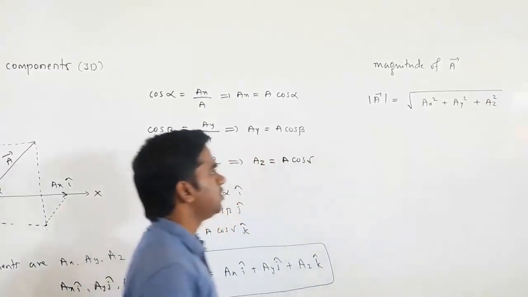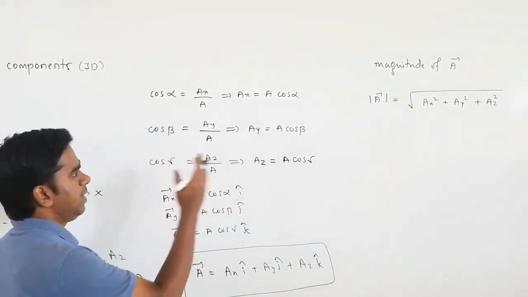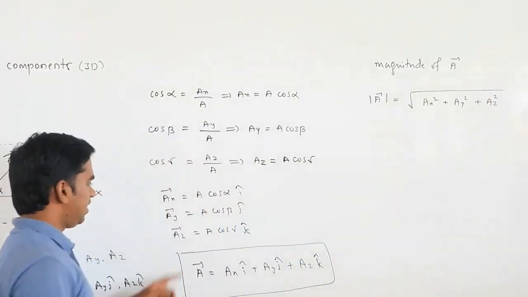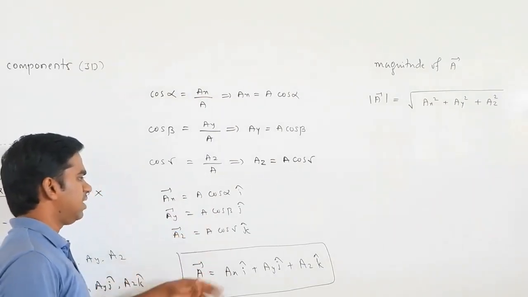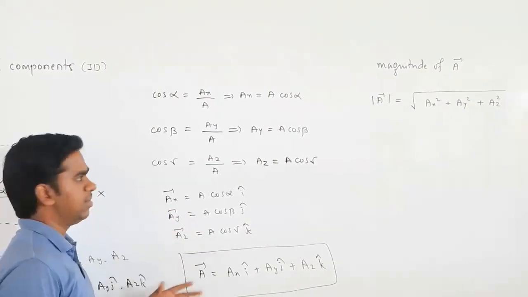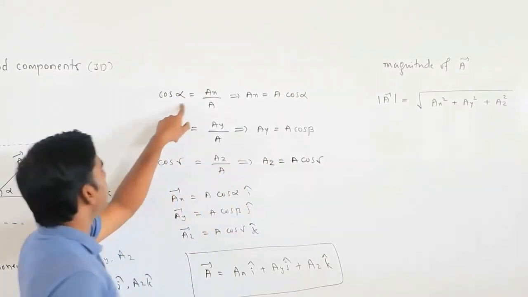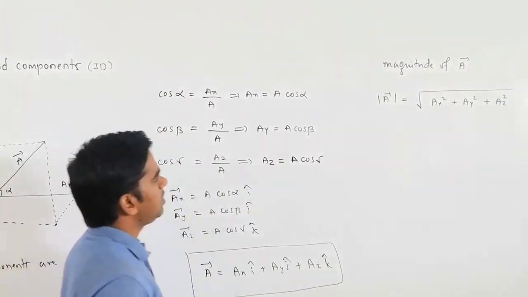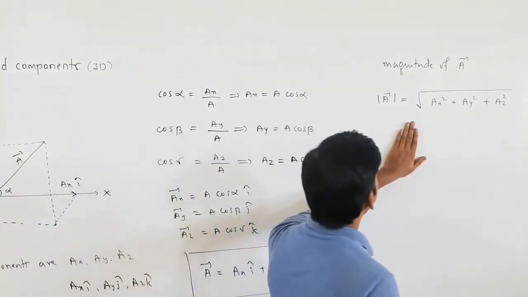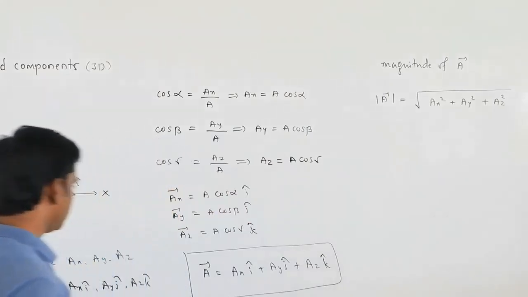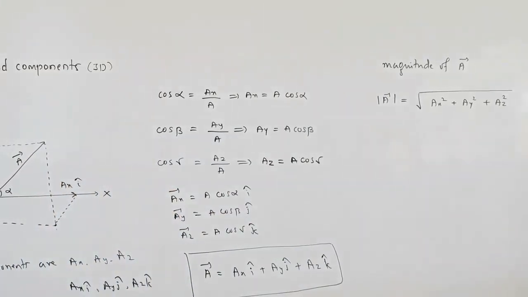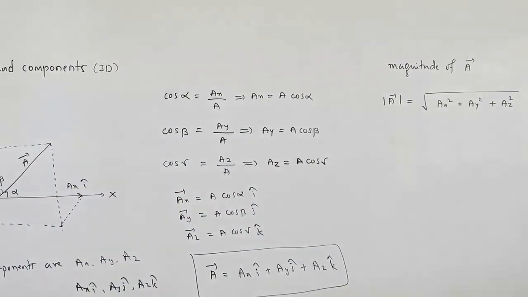So this is going to be the magnitude of vector A. Direction you have to find separately, that is, what is alpha, what is beta, and what is gamma. For that we have to find alpha, beta, gamma. So vector A equals ax i cap plus ay j cap plus az k cap.